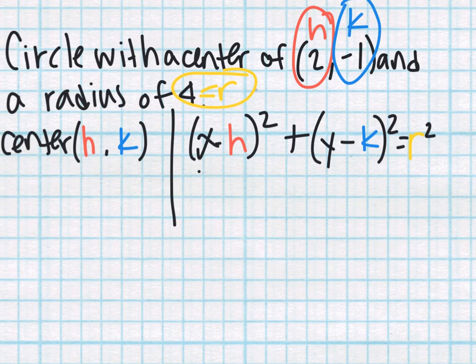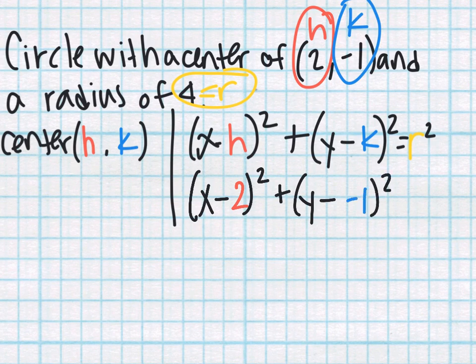Okay, so (x - h), which is 2, squared, that's the easy one, plus (y - (-1)) squared equals 4 squared. This is where the parentheses helps. Alright, so I'm just going to look and make sure everything is in correct standard form.